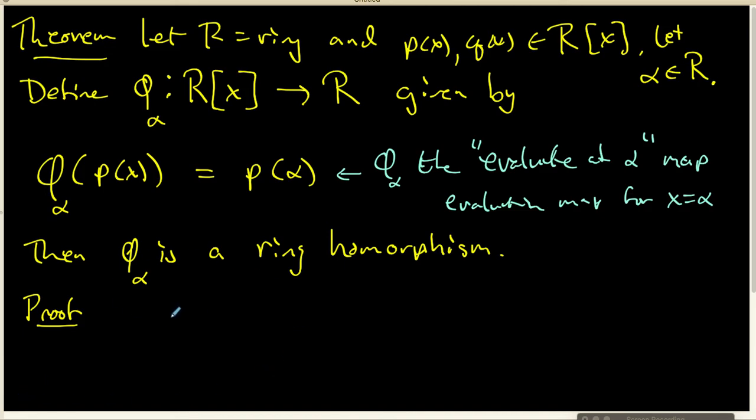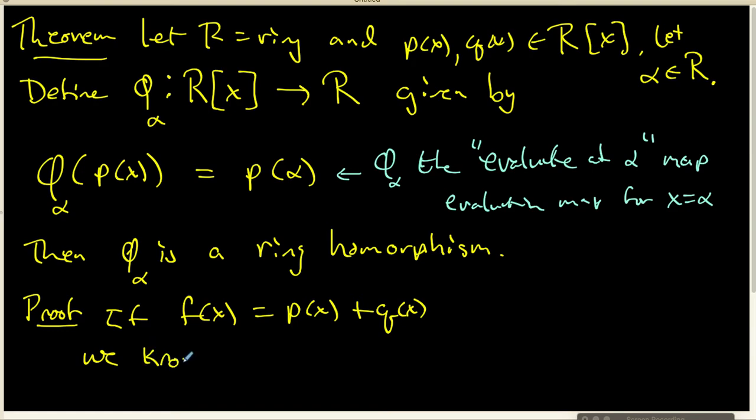Now, our proof that phi sub alpha is a ring homomorphism, we've actually already done all of the hard work. So I want to basically remember that. If I set f of x equal to p of x plus q of x, we already know f of alpha is equal to p of alpha plus q of alpha.